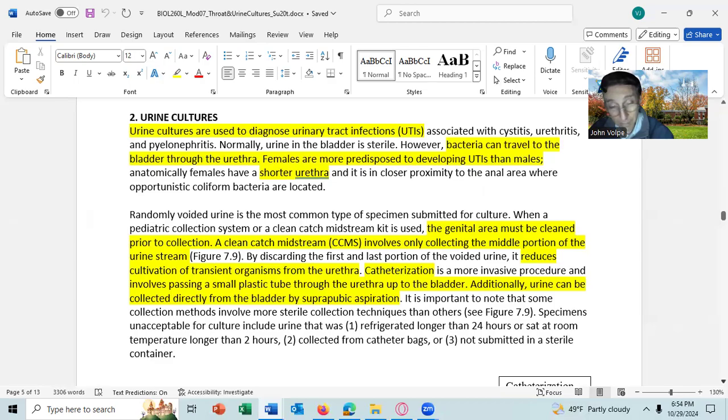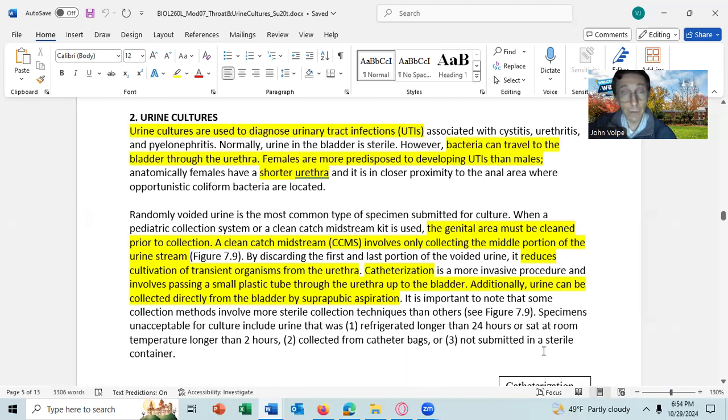However, there's not been any studies done on male bladders that I could find. So I don't know. The question is, do males have a normal microbiota in their bladder? Females do. It's a few species, but these species do not cause urinary tract infections and they do not cause problem for the females. It's part of their normal microbiota. And if they get other bacteria in their bladder, it can cause a urinary tract infection.